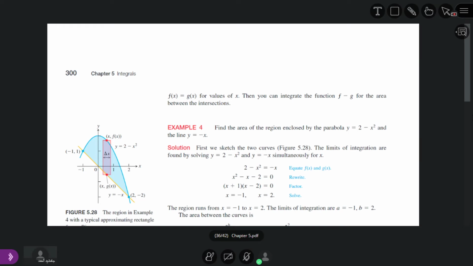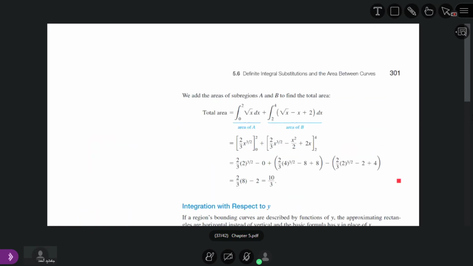Now, whenever we have to find the area with respect to y, we have to equate these two functions. Here y plus 2 is equal to y square.